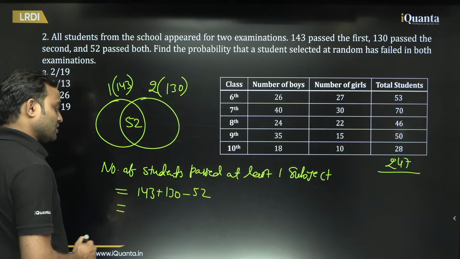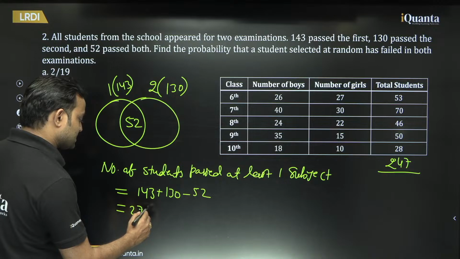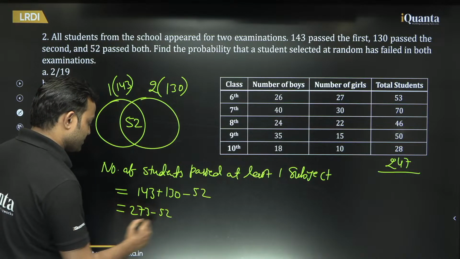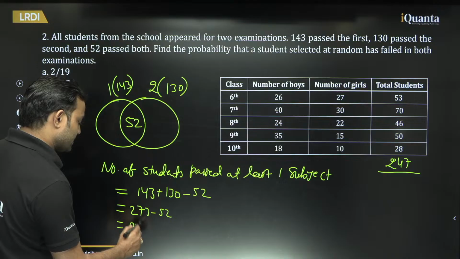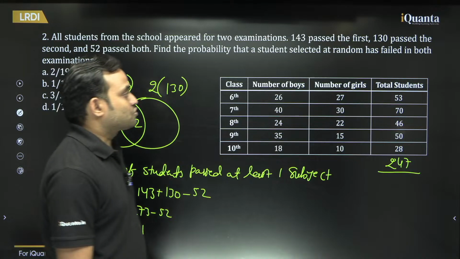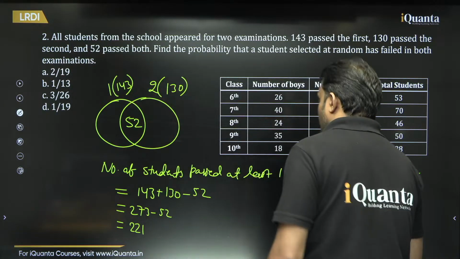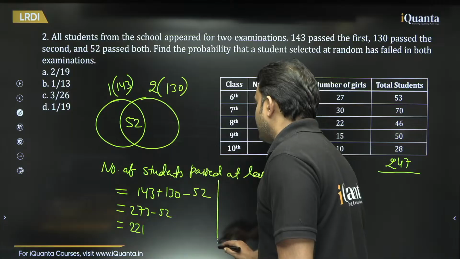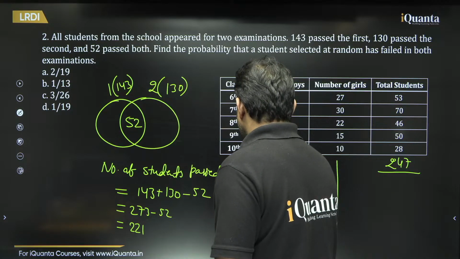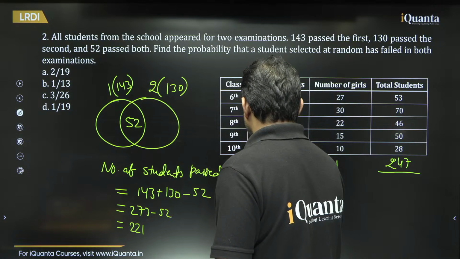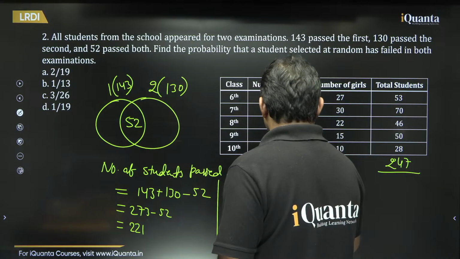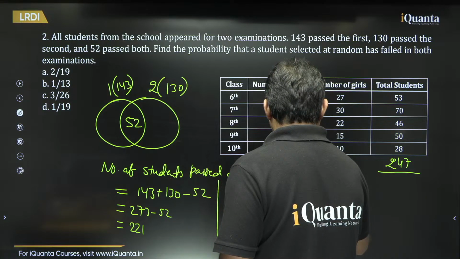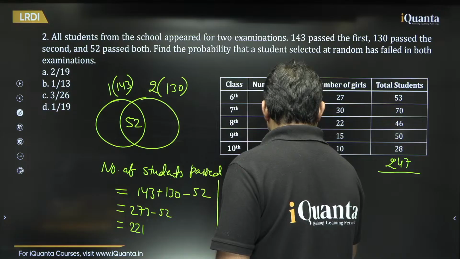This will be equal to 273 minus 52, which is equal to 221. So, the question is, failed in both. How many of them have failed in both? So, 247 minus 221, this is equal to 26.